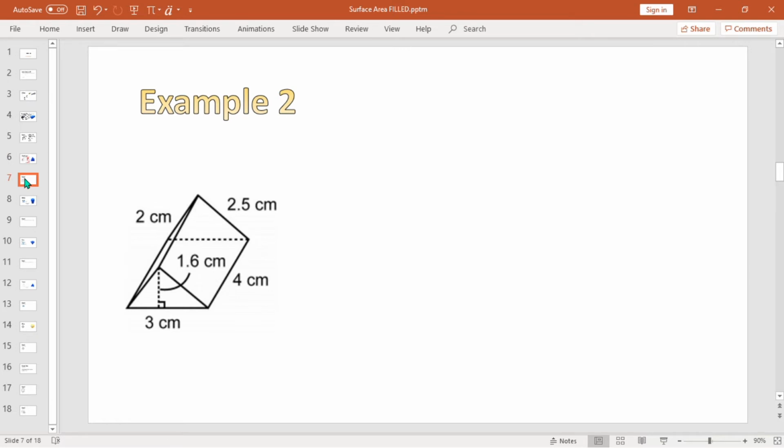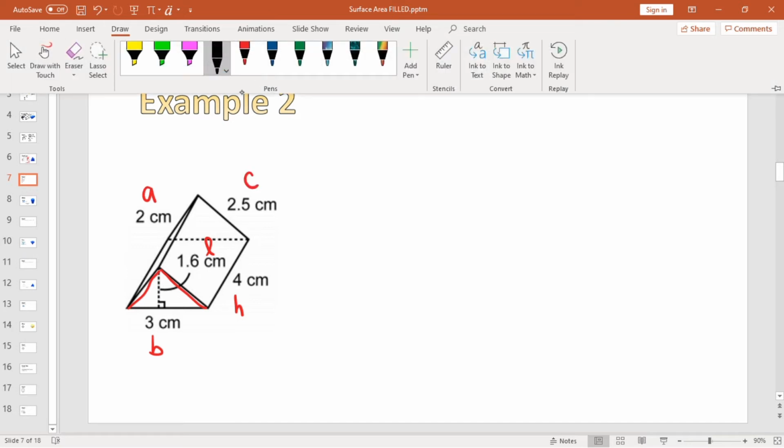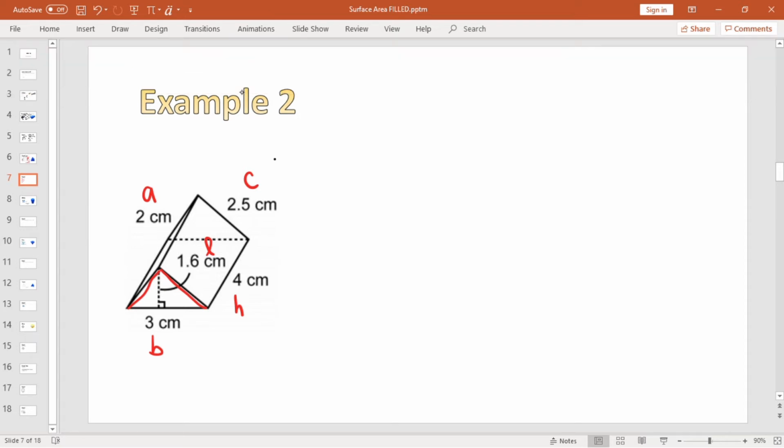So doing some math with that. Looking at our diagram, I'm going to label things. So 3 is the base, 1.6 is that triangle height that we're calling L now. 4 is the depth or the height or the H. I'm just trying to not use the same letters. And then it's hard to tell, but 2 and 2.5 go here and here. So I'm going to call this one A and this one C. And in fact, I'm going to list all of these so it's easier for me to look at when I'm doing math.